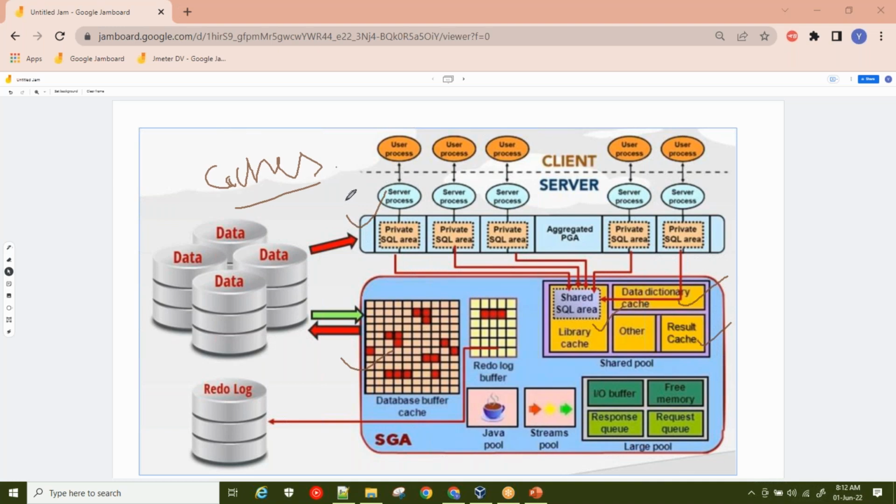The disks are not as fast as the SGA and PGA. Whichever data we need faster access to is stored in these caches. That's why the PGA and SGA are called caches, while the disks are storage, or normal memory.